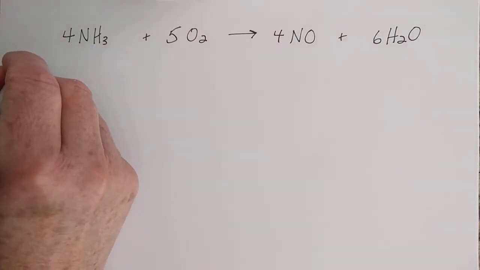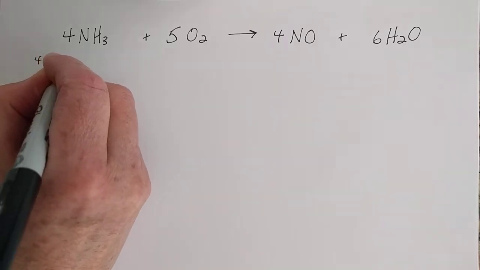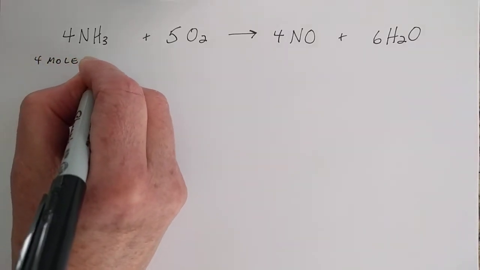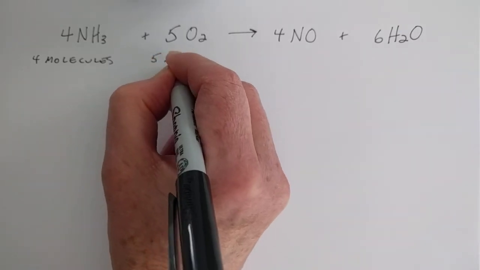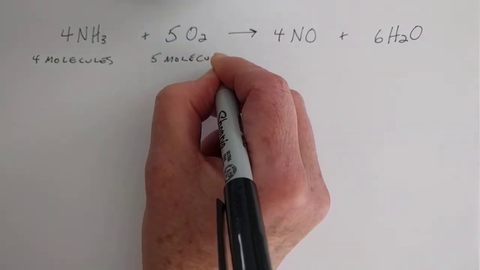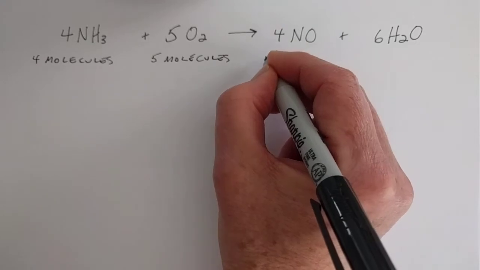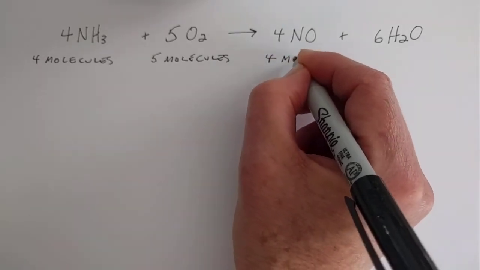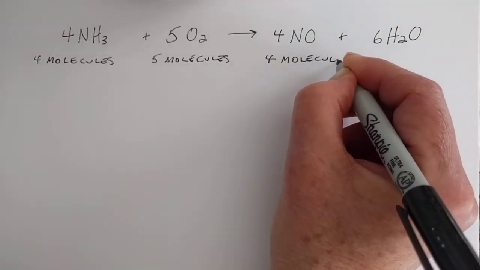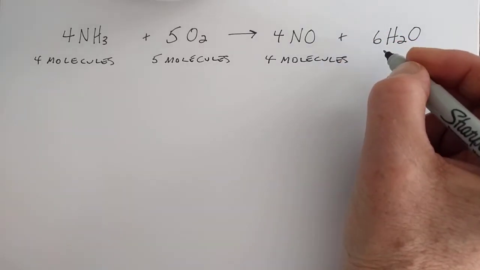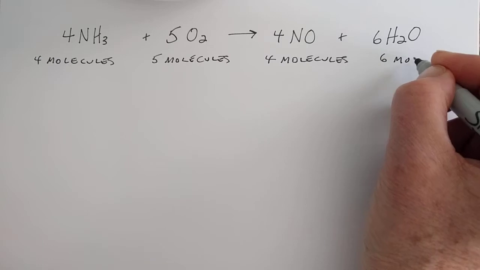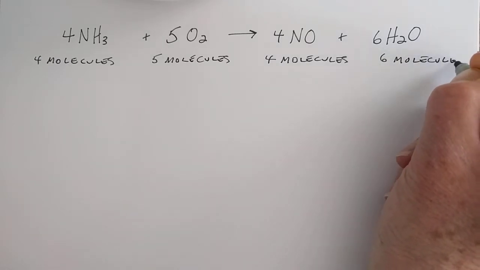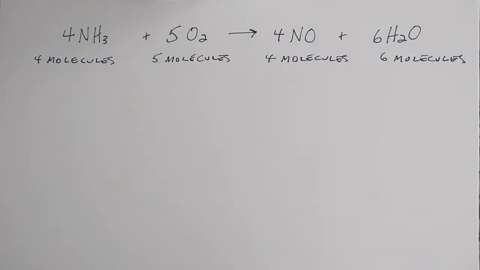So this means that we have 4 molecules of NH3 that combine with 5 molecules of O2 to yield 4 molecules of NO, nitrogen monoxide, and 6 molecules of water. So that's our lowest whole number ratio.